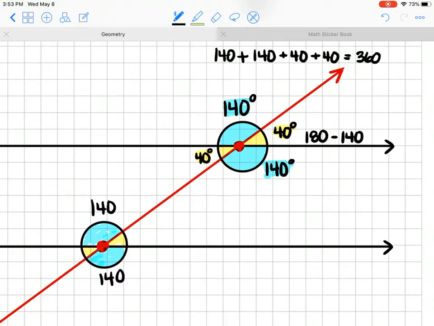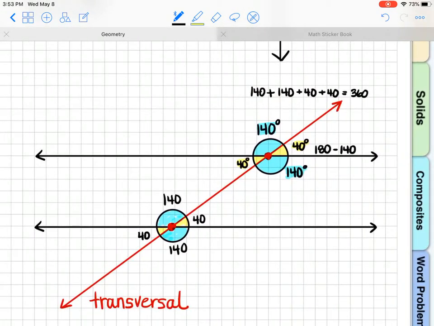But there's the yellow bow tie. Those are 40, 40. So any one of these on this transversal would match. It would be the same kind of thing. So again, the black lines are parallel lines. The red line is a transversal. And this is a very common test question. You see this on a lot of math tests. So it's a handy thing to know.